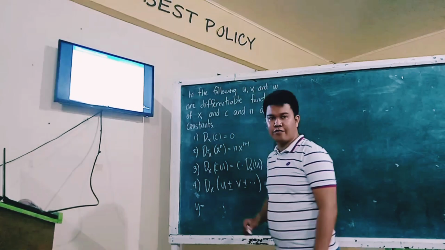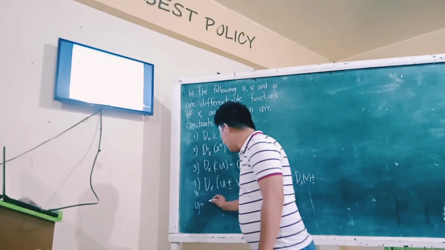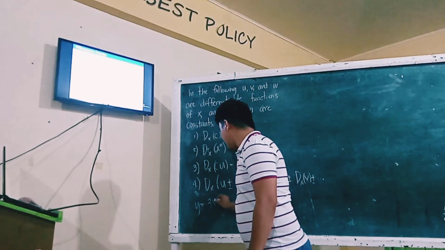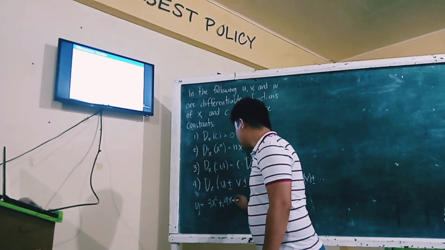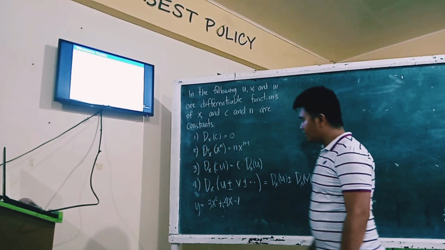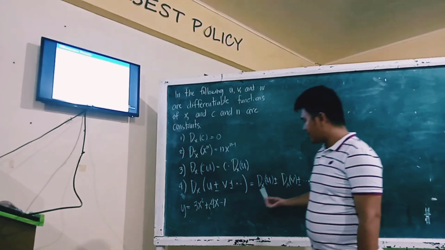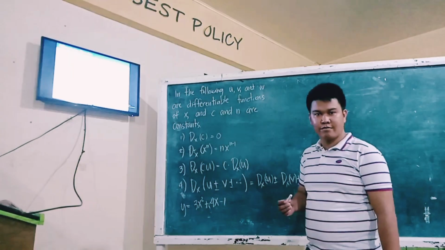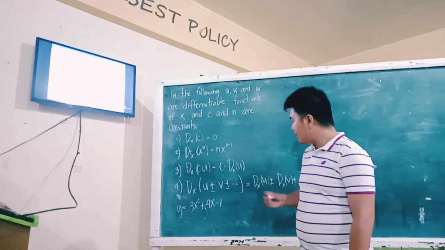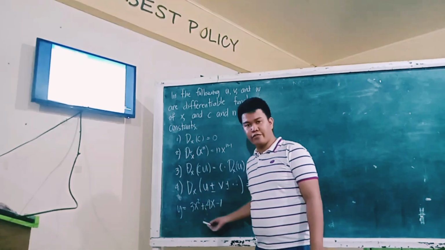Suppose we have a function y is equal to 3x squared plus 4x minus 1. So we can apply this, treating each term of this as a function. So again, in applying this formula, we need to differentiate both sides.